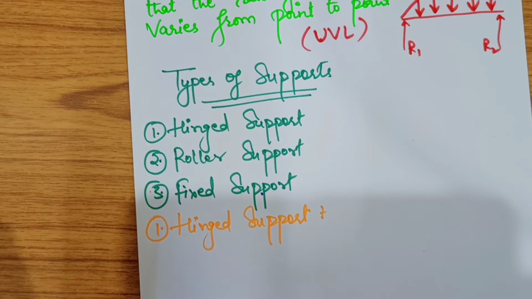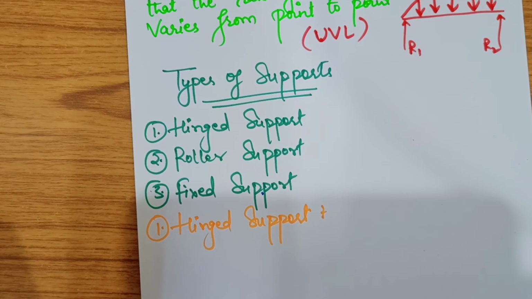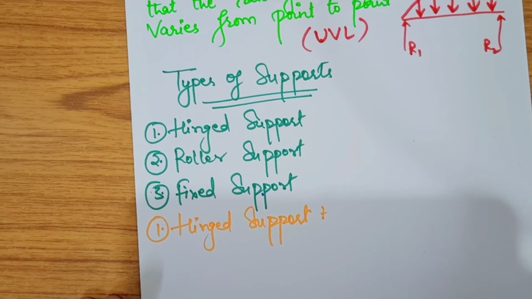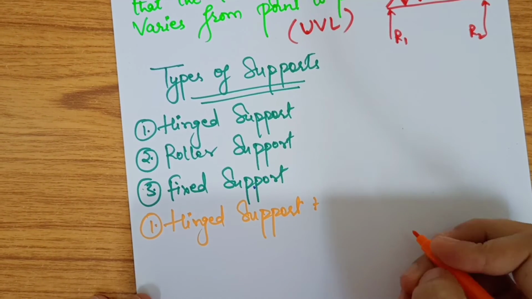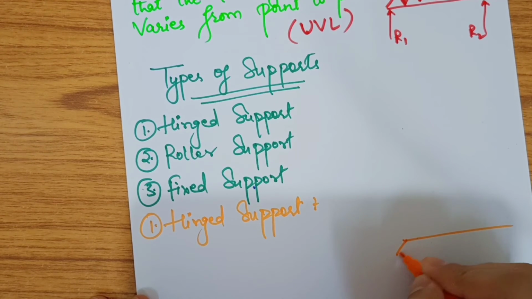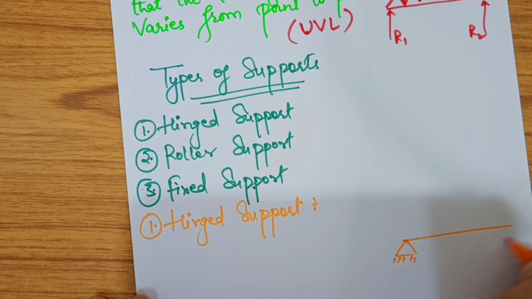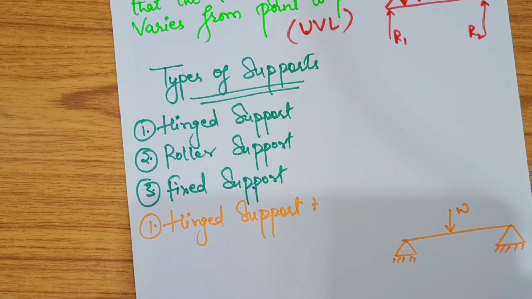A hinged support is the one in which the beam is free to rotate, but translational displacement is not possible. Going with the diagram, I am simply applying the weight.